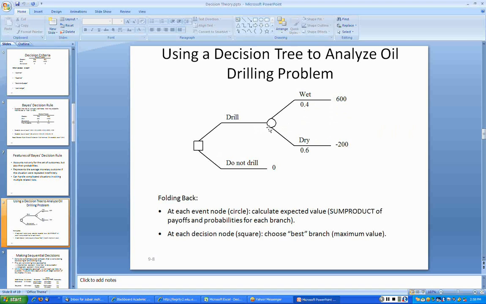We do that for each one of the nodes that is farthest right. Then we continue the procedure towards the left, until we reach the initial point of decision, and that's when we would have solved the problem.